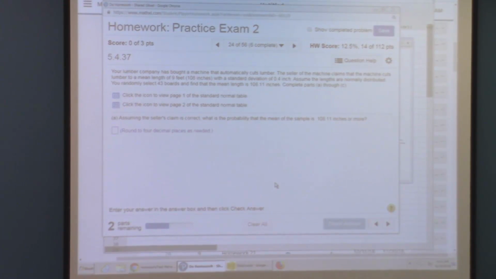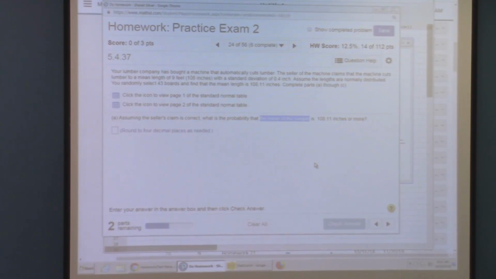That's the key word. So we are dealing with sampling distribution. You can tell you are dealing with sampling distribution right away because of that phrase, right? So the question is about a sample mean.